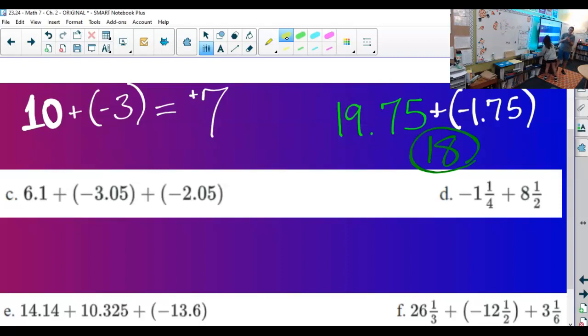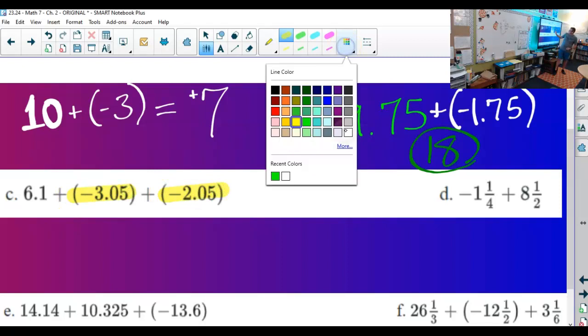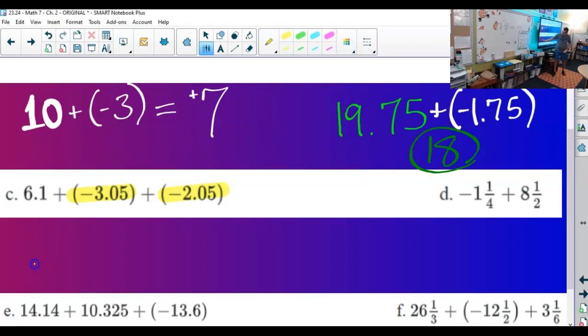Do we need to put anyone together? We can put the bad guys together, right? So let's team those up. I'm going to drop down my 6.1, that doesn't change. 6.1 plus negative. What's this become? Negative 5.05.